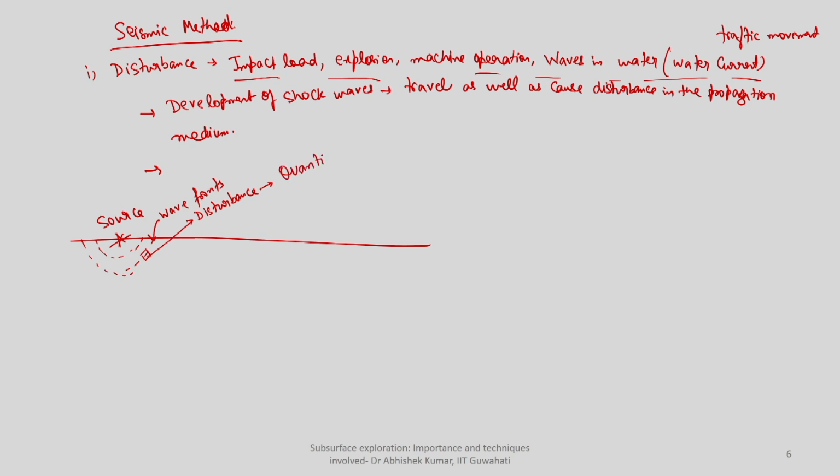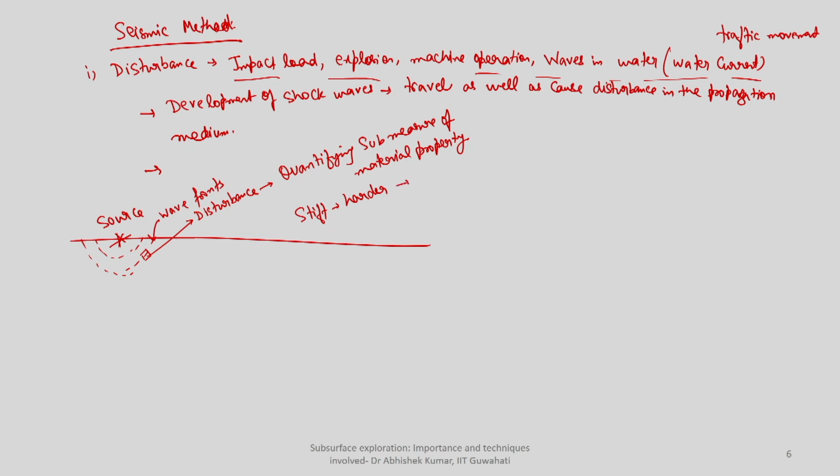quantifying some measure of material property. What I meant to say is, if the wave is passing too quickly, we can say the material is stiff or it can be hard, because the resistance offered by the material is significantly high.